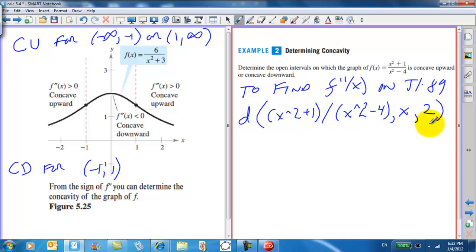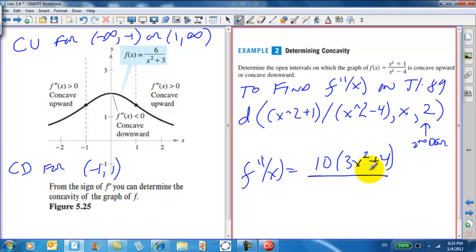This is how you can quickly jump to the second derivative. And the calculator tells me 10 times (3x squared plus 4) all over (x squared minus 4) all raised to the third.